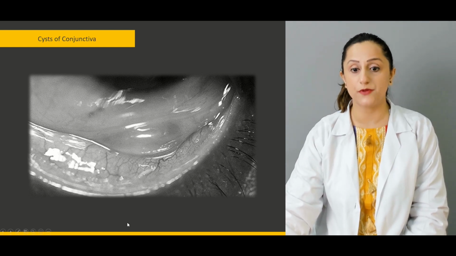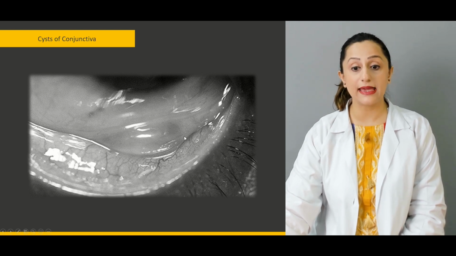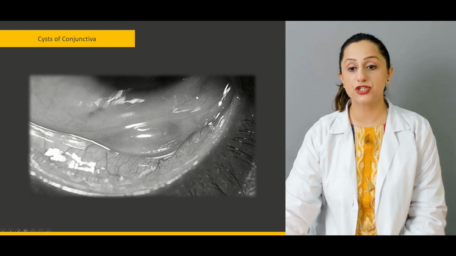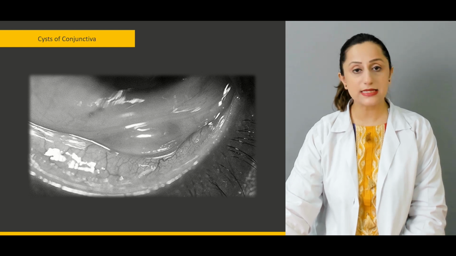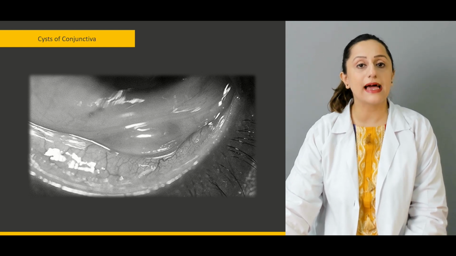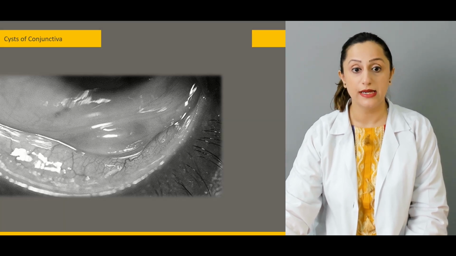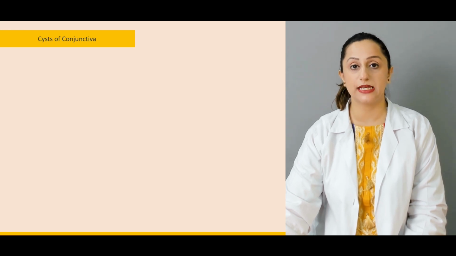For instance, in this patient, the cystic lesion is lying near the limbus, but still there are irritational signs present on the rest of the conjunctiva. So these can be the signs, symptoms and clinical features you'd be looking for in a patient with cystic lesions of the conjunctiva.